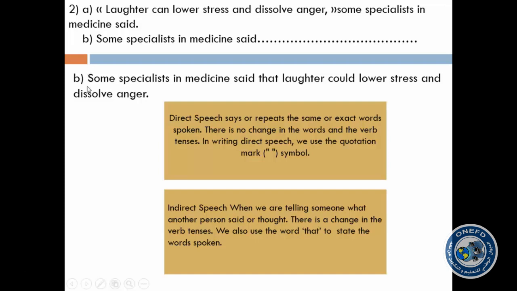We would say, some specialists in medicine say that laughter can lower stress and dissolve anger. When the introductory verb is in the present simple, we don't change the tenses of the verbs. There's no need to change them.